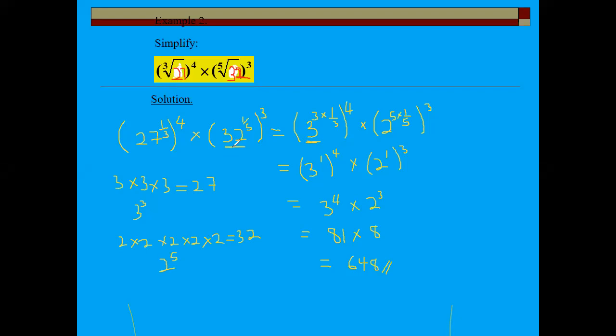We'll replace the 32 with 2 raised to the power 5. But the index is still there, which is 1 over 5, then all raised to the power 3. Then you simplify. 5 times 1 over 5, 5 will cancel out 5. And 3 times 1 over 3, 3 will cancel out 3. So that is how we are getting 3 raised to the power 1, then 2 raised to the power 1 here. Are you okay now, Swada? Yes, please. Thank you.